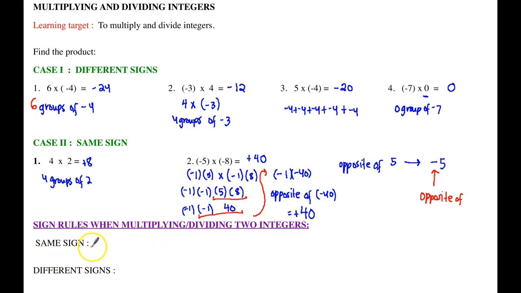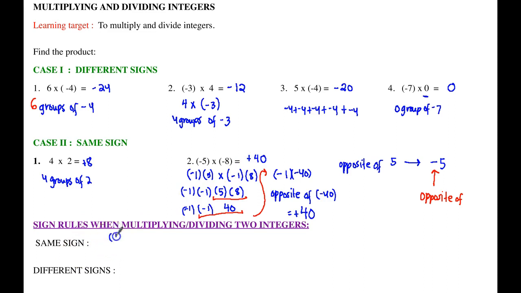Okay, so from here, let's summarize our rules. If you're multiplying two integers with the same sign, like case 2 over here, take a look at the sign of the product. This is positive, both positive, the product is positive. Both negative, the product is still positive. And that's true always when you're multiplying two integers with the same sign.